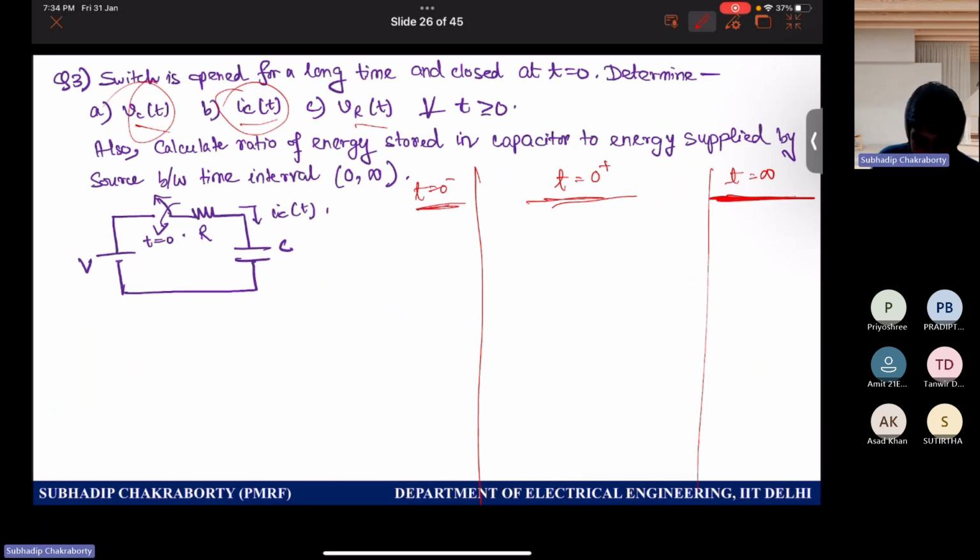So let us do. I will give you maybe 1 minute to try and then we'll do. These are first order circuits, right? It should not take more time.